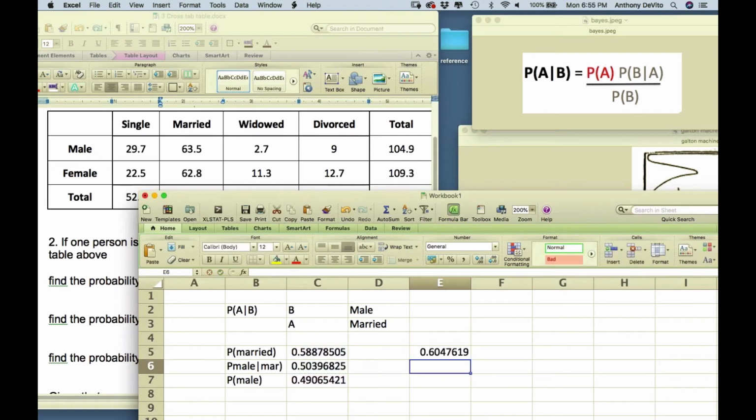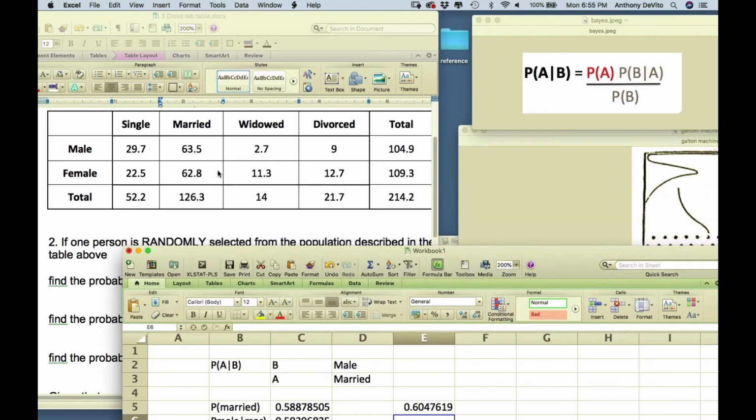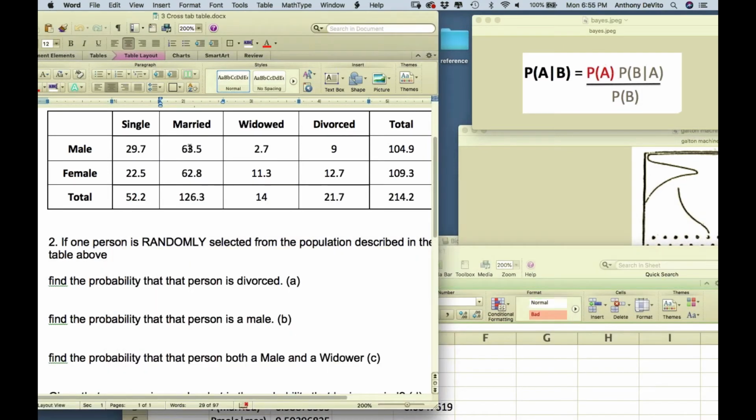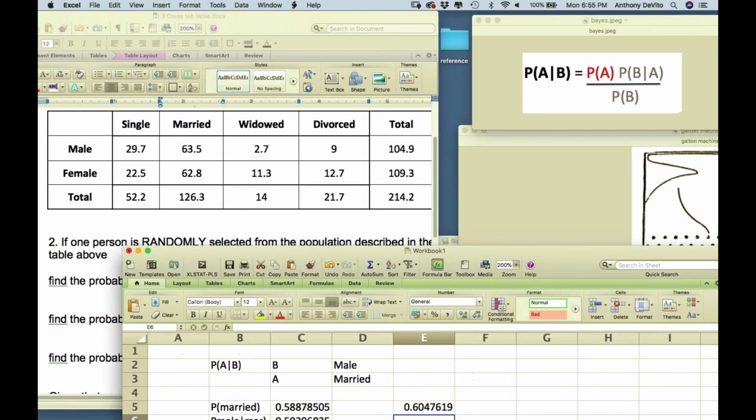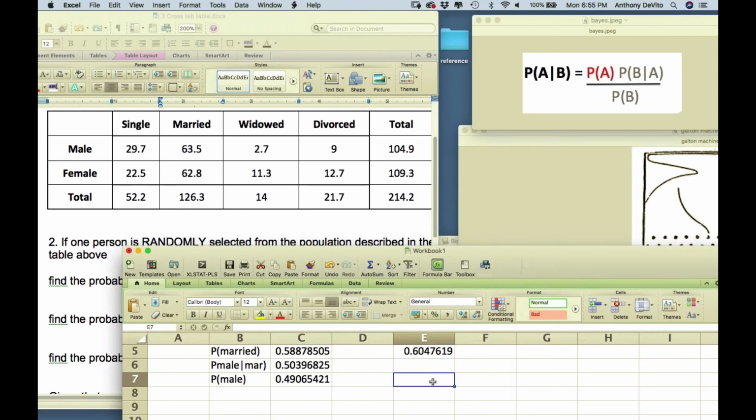And I get 0.604. And what did I get before? Probability that he's married, given that he's male, was 63.5 over 104. I get the same thing, given that I did some rounding. So I think it worked.